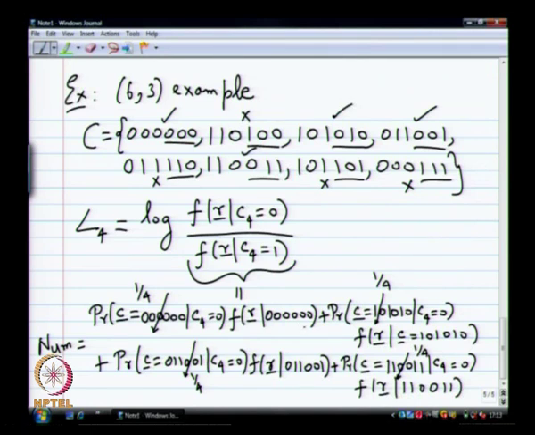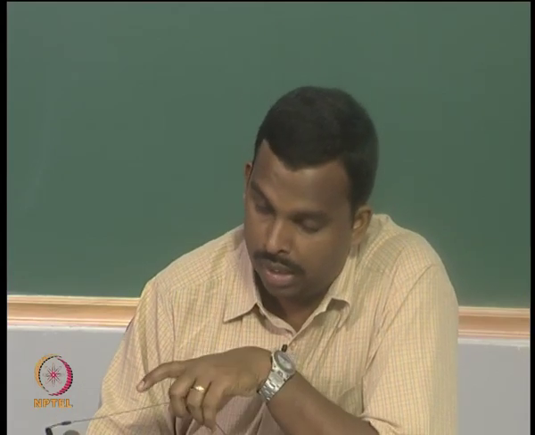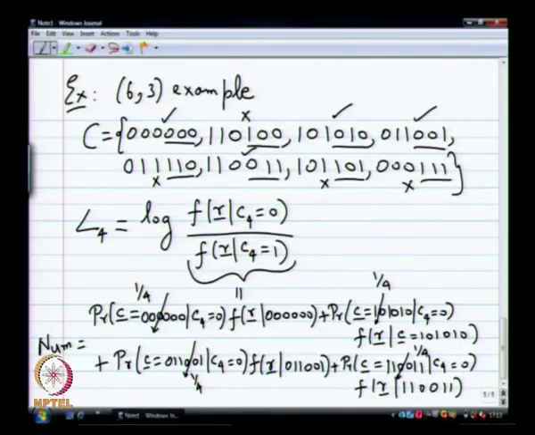So, you can cancel all those 1/4s away when you take the ratio and write an expression only involving the conditional PDFs. In the numerator there will be 4 terms, and in the denominator the 4 other terms. Is that okay? Alright. So, that is what I am going to do in the next page, but then I will have to remember the code. Hopefully I will remember. If I do not, I will come back and fix it.